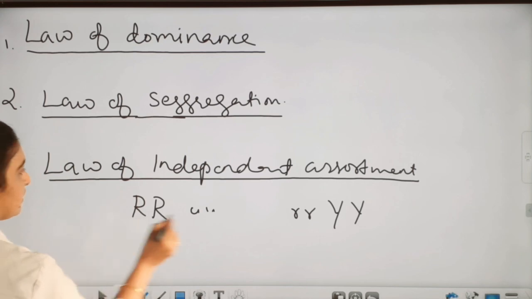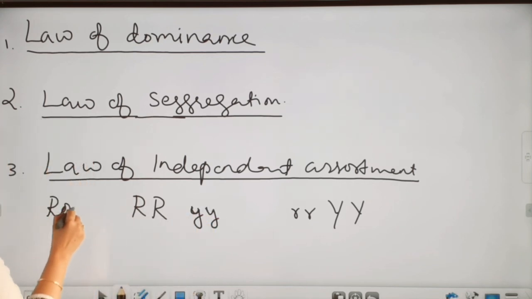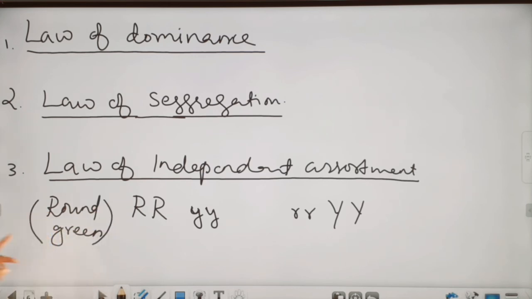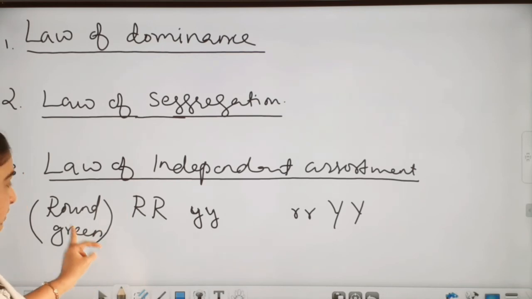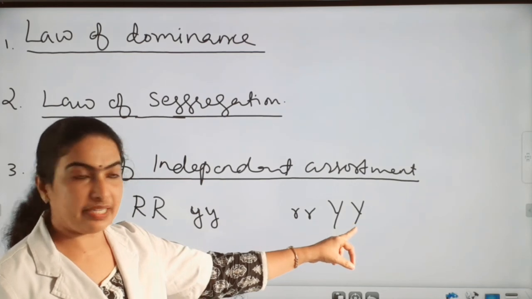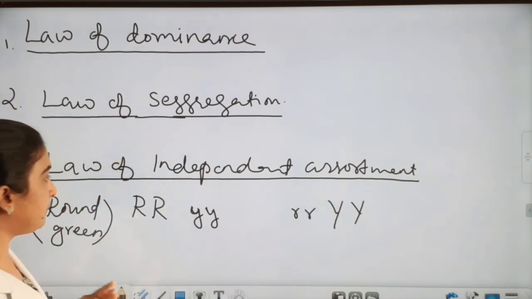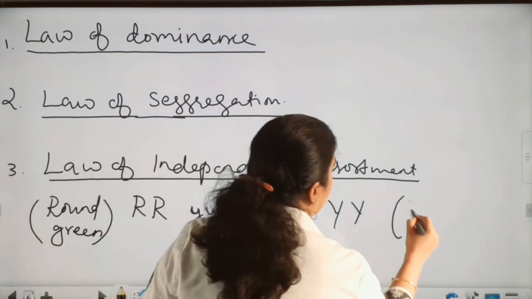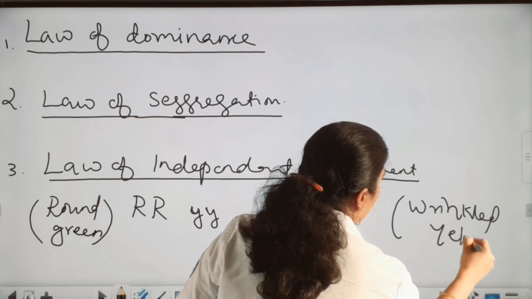Actually, this is round green. I'll write over here, that's better. Round green. Why was he given small letter for green? Because it was a recessive character. In the first generation, yellow was dominant. That's why he gave capital Y for the yellow color. And here this is the wrinkled yellow.